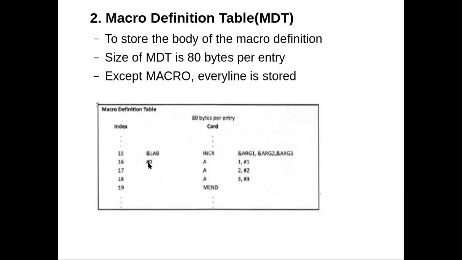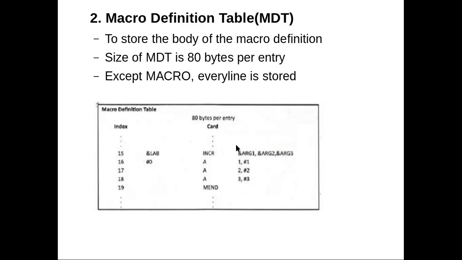When storing into the macro definition table, the first dummy argument &LOOP1 has to be replaced by index marker #0, &ARG1 by index marker #1, &ARG2 by #2, and &ARG3 by #3, and MEND has to be there to indicate the end of your macro definition.